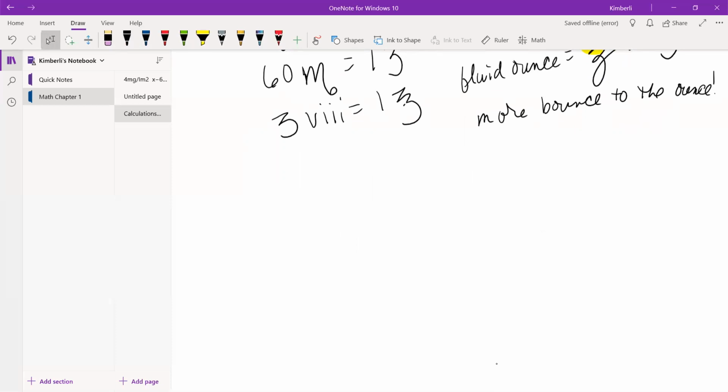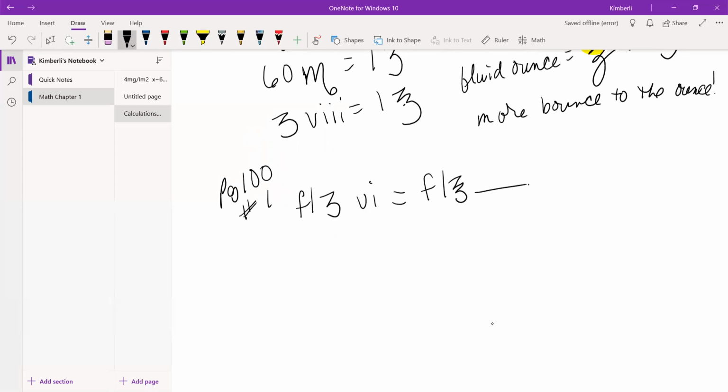And so looking over at practice problem C on page 100, there are not as many of them. So looking at number 1 on page 100, it says a fluid dram and then Roman numeral 6. So we have fluid dram VI, 6 fluid drams, is equal to fluid ounce blank.